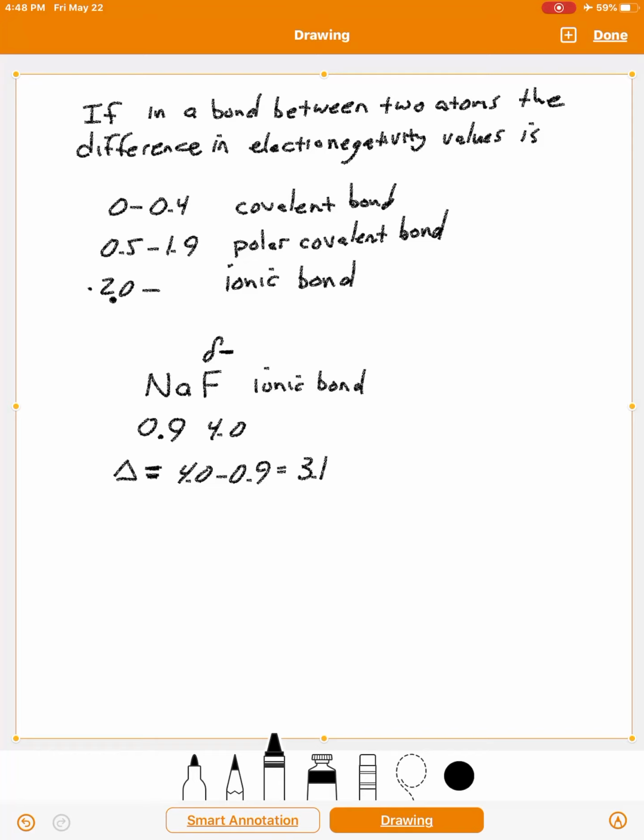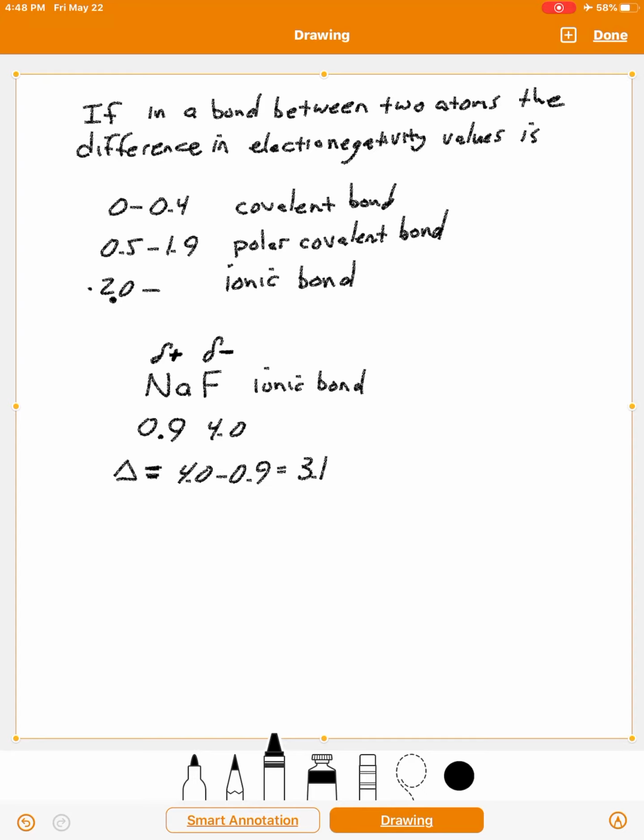I'm going to use the Greek letter delta to represent small negative charge. And then the one with the smaller electronegativity, that's the one that's going to have the small positive charge here. Okay? Now, how big are those charges? Well, for sodium, that small positive charge is actually pretty close to 1 charge, 1 unit. And for fluorine, it's pretty close to -1 units.